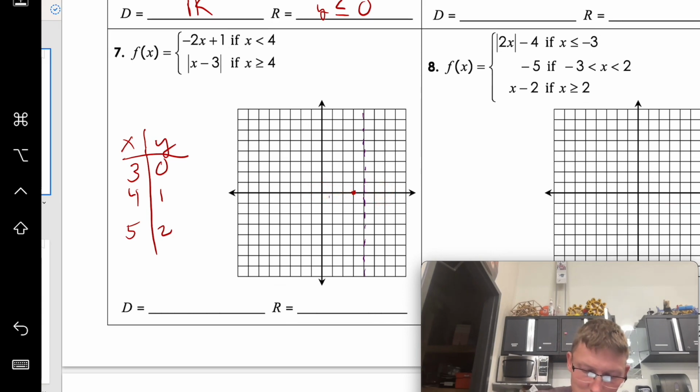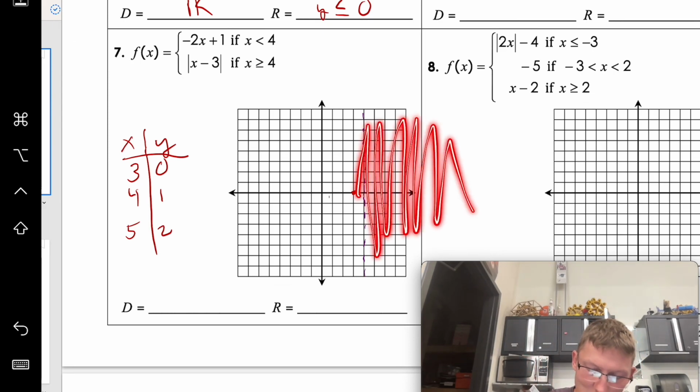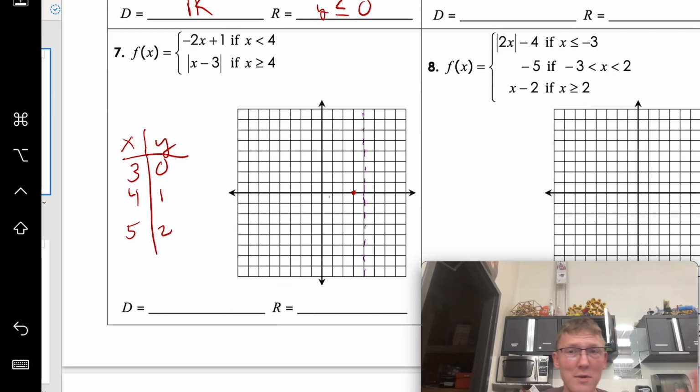Well, here, since this boundary is here and this absolute value is on the right side, the only thing I care about is this side of the vertex. So I'm not even going to bother with the left side. At this point, who cares about it? I don't. But we are going to go to the right. So let's see, that's 3. So 4, 1, 5, 2, and that's enough for me to make my line.